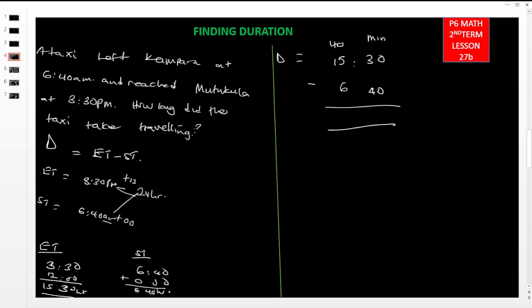Now 30 minus 40, this is less. We regroup, we remain with 14 hours. We bring our 60, giving us 90, right? Now 90 take away 40, that is 50. Then we are having 14. 14 minus 6, that is 6, 7, 8, 9, 10, 11, 12, 13, and 14. We remain with 8. So it took 8 hours 50 minutes.